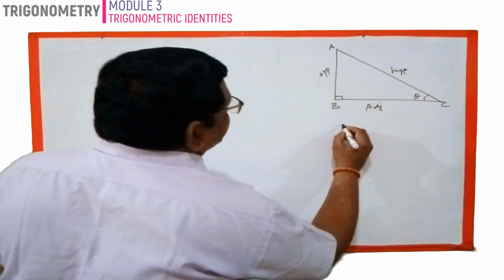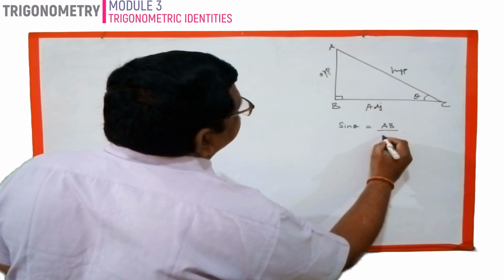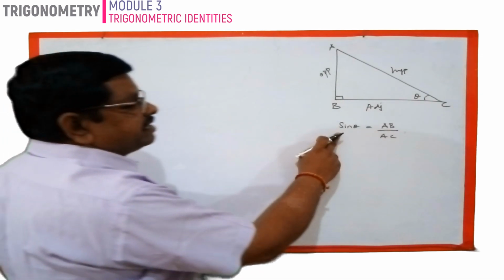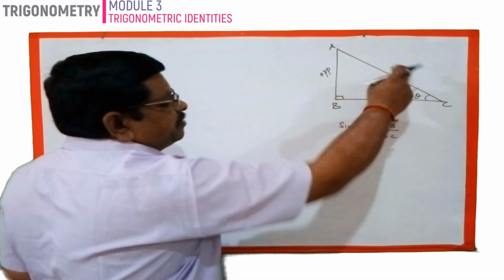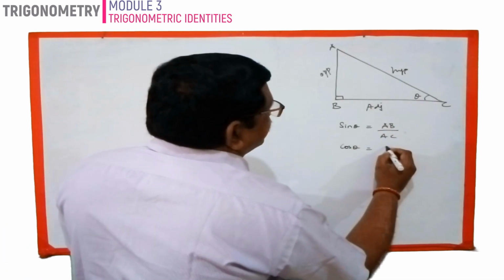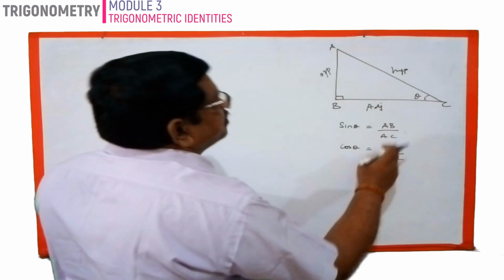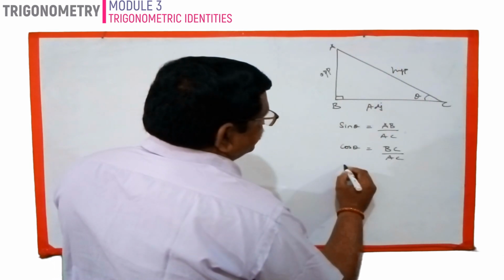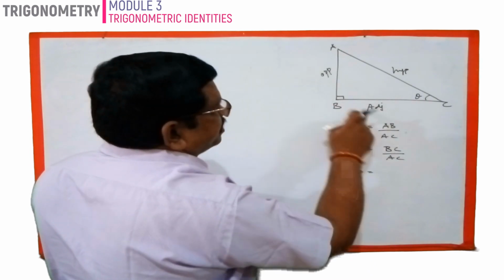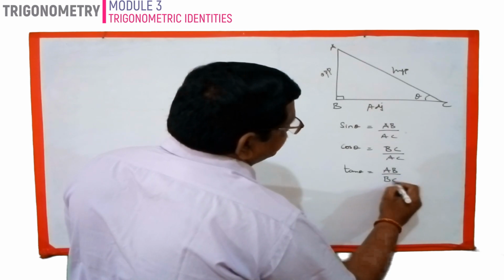From this we can say sin theta is equal to AB by AC, because as per the definition, sin theta is nothing but the ratio of the opposite side and hypotenuse. Cos theta is BC by AC, that means adjacent side by hypotenuse. Tan theta is nothing but opposite side by adjacent side, that is AB by BC.